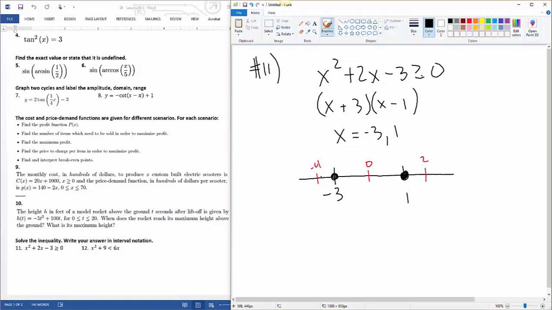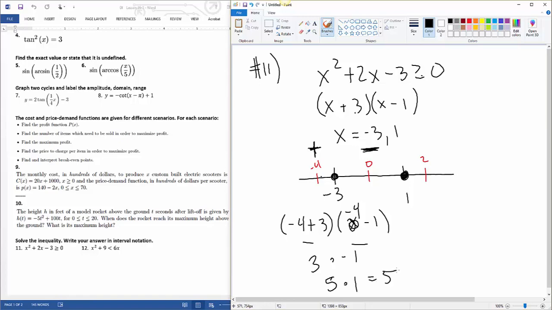So if I plug in negative 4, I get a negative and a negative, so negative times a negative is a positive. If I plug in 0, I get 3 times negative 1, which is a negative. If I plug in 2, I get 5 times 1, which is a positive.